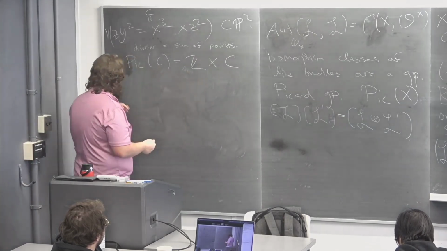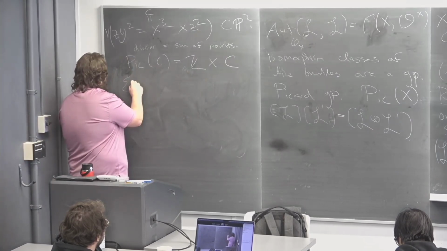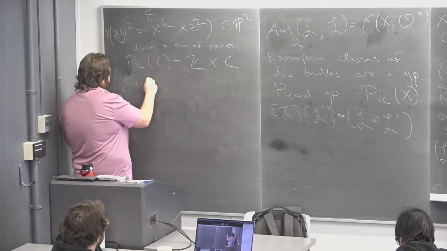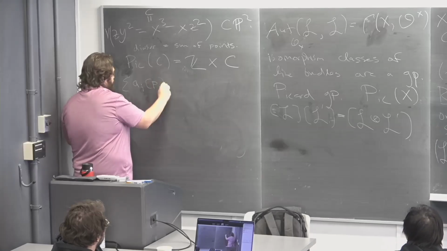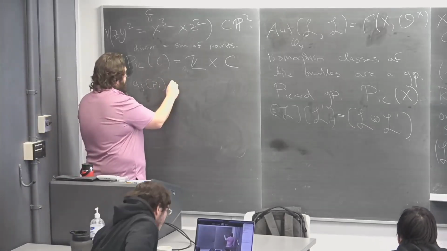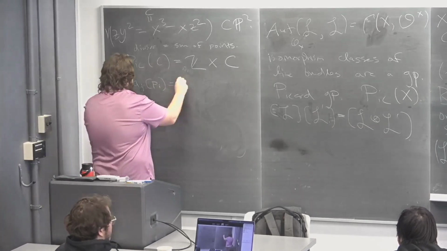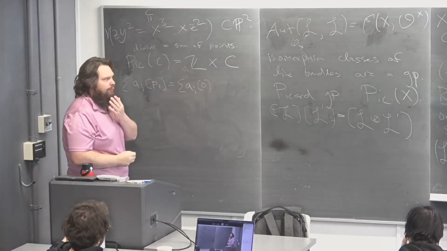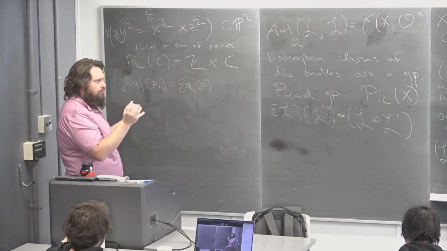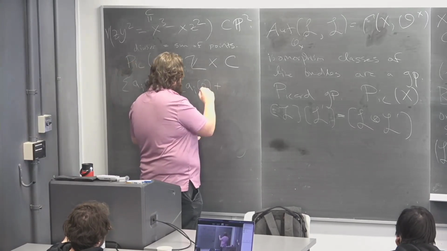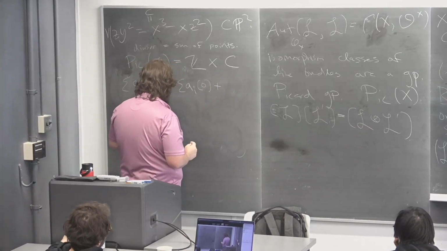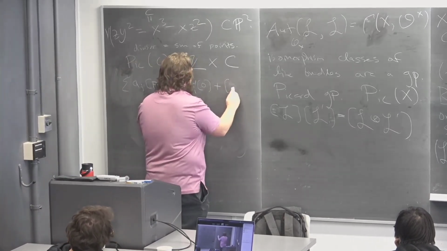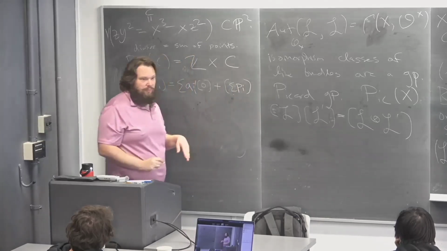So this satisfies the property that if I take a sum of the a_i, and now I'm taking particular points p_i, this ends up being equal to the sum of the a_i times the base point for my elliptic curve operation, which I can choose arbitrarily, minus 1, plus I take the sum of all the p_i in the elliptic curve addition.